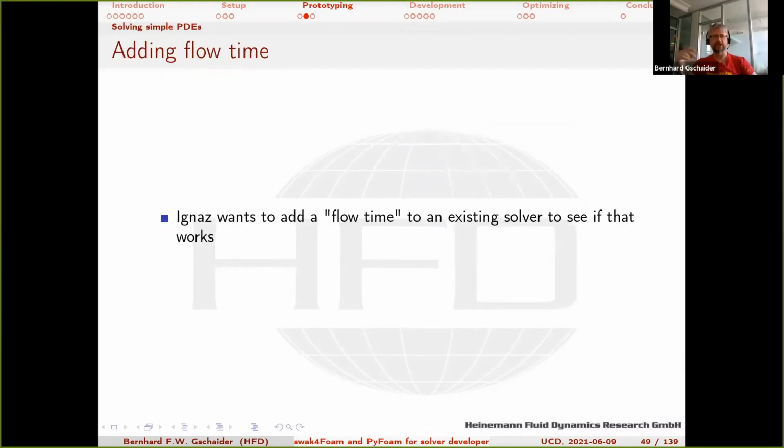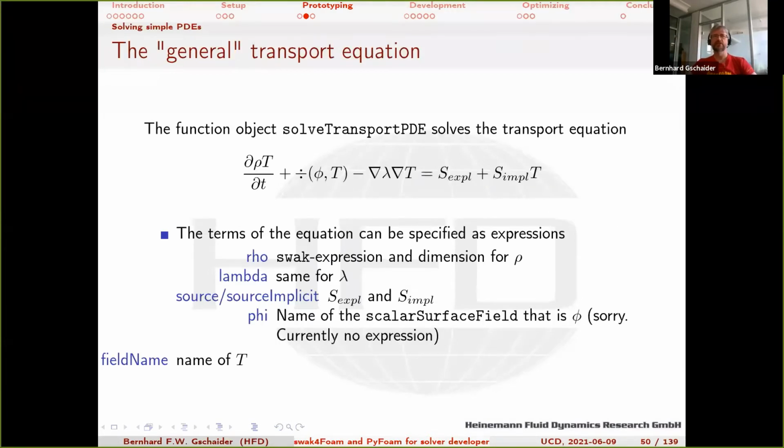So Ignaz wants to add a flow time to an existing solver and see how that works. For that, there is a function object solveTransportPDE in swak4Foam. There's a similar function object in recent OpenFOAM versions that was written after I developed this.